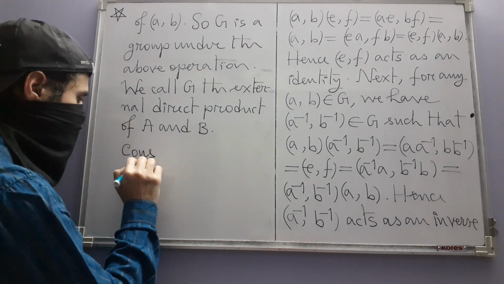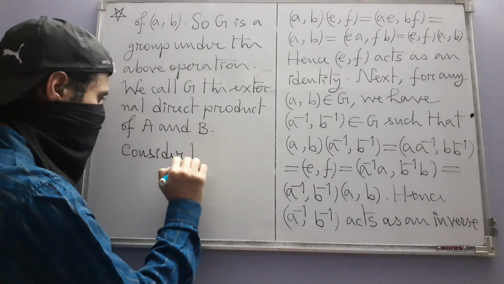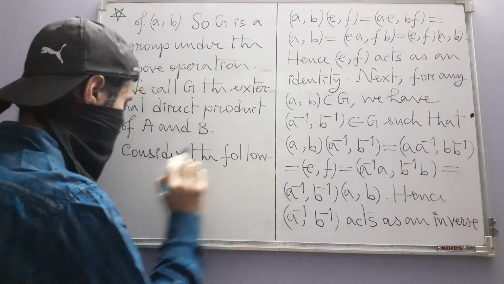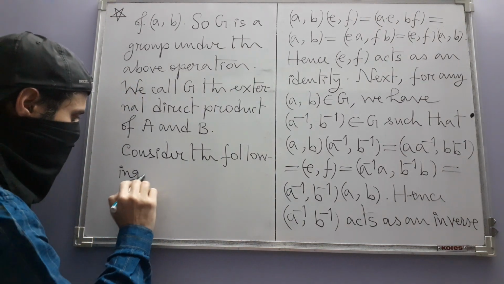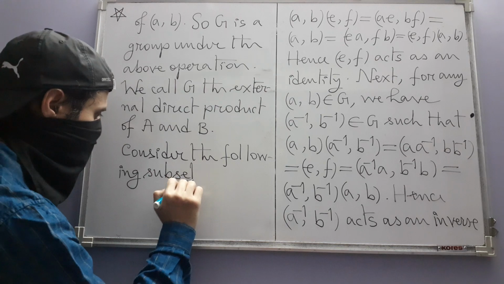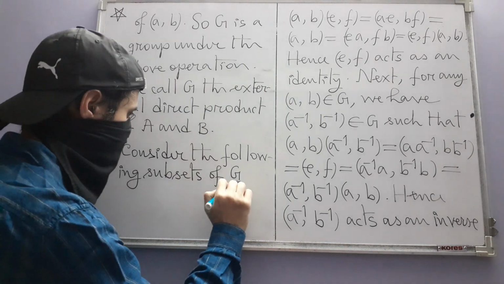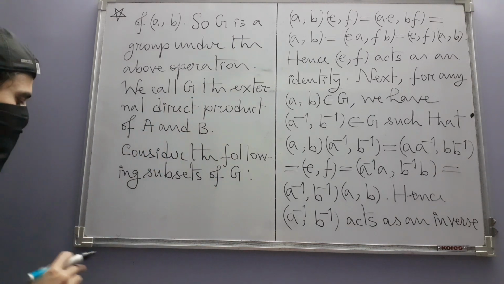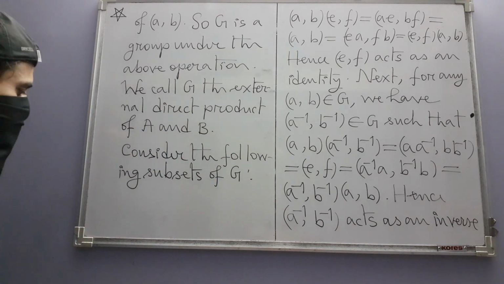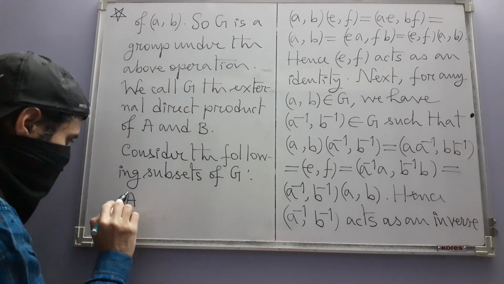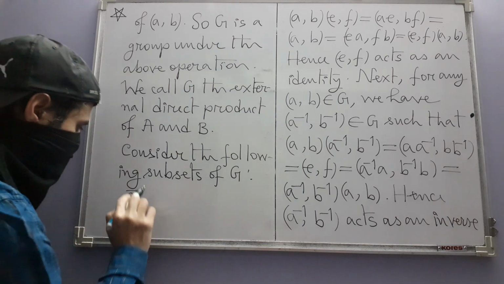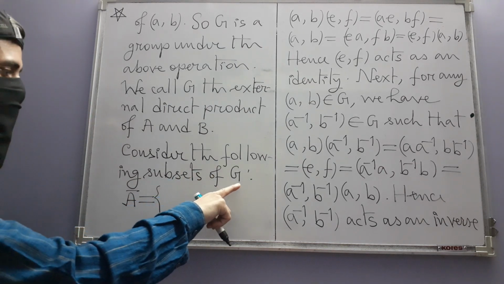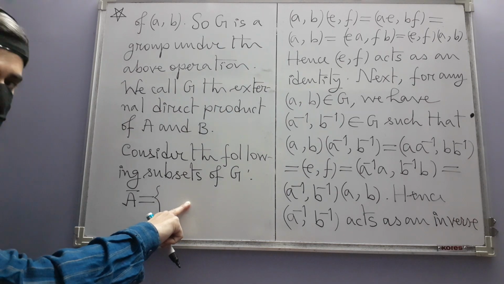Consider the following subsets of G. G means, of course, our G, A times B, the external direct product. One of those subsets we are going to denote by A bar. Subsets of G, mind it, so the elements are going to be ordered pairs.